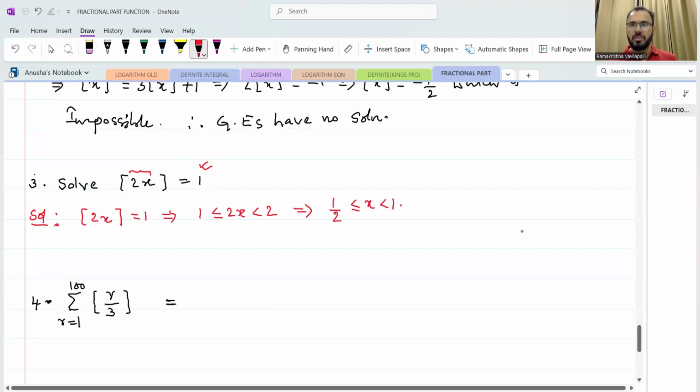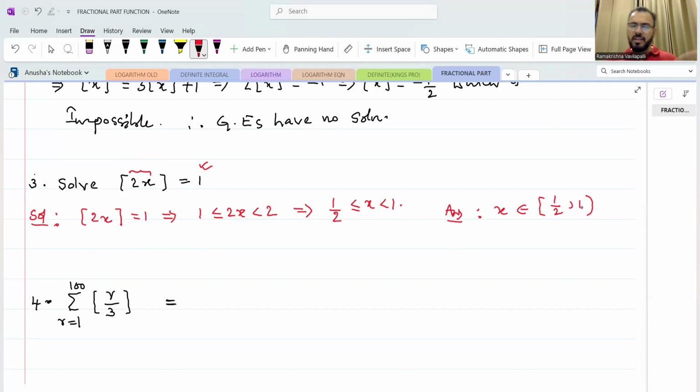This is the solution. Therefore, the answer is x belongs to closed 1 by 2, open 1. Integral part of 3x equal to 1, integral part of 4x equal to 1, however they give, it is very simple.